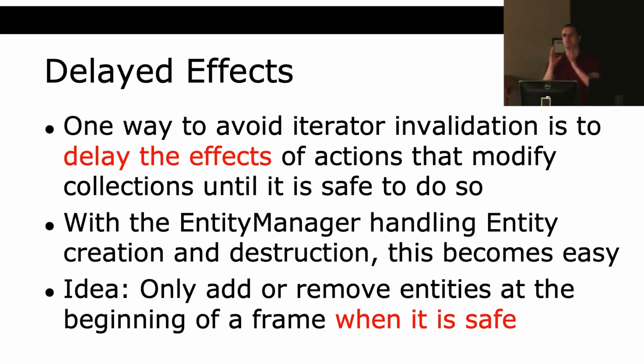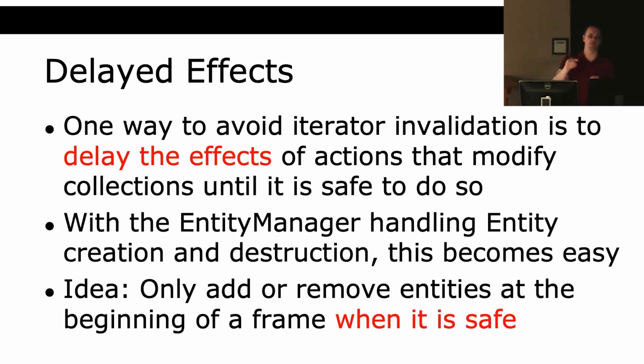So the result this is going to have is that if I add an entity, it's not actually going to appear on that frame of the game. It's actually going to exist on the next frame of the game. And if I remove an entity, it's not going to be immediately deleted.